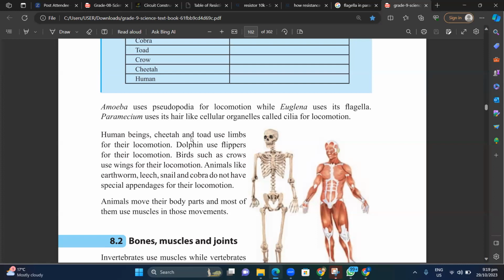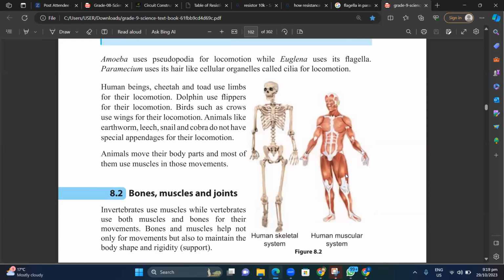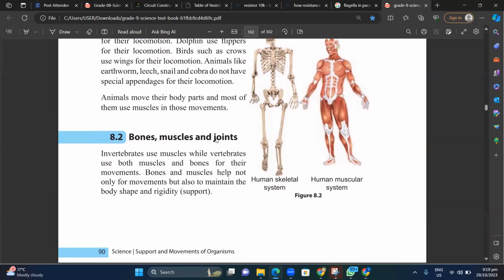Earthworms do not have special appendages, but they use their whole body for locomotion, right? Cobra is also having a skeleton as well as muscles, but you can see they are using their entire body for locomotion. But here we have specified special things, especially these bones, muscles, and joints.